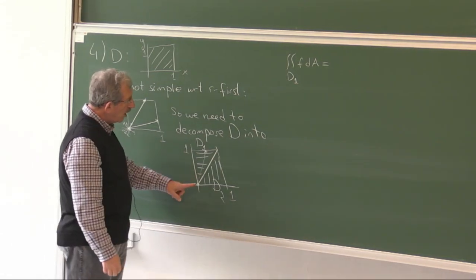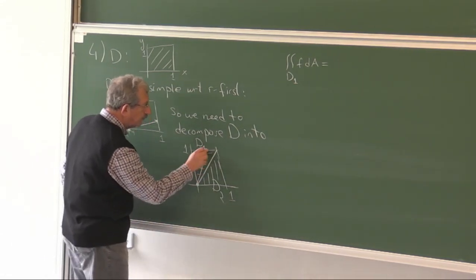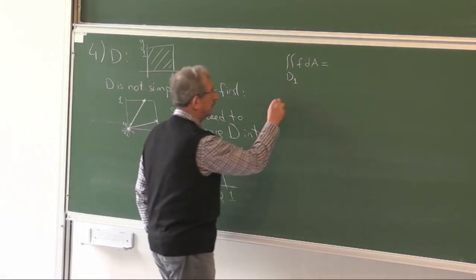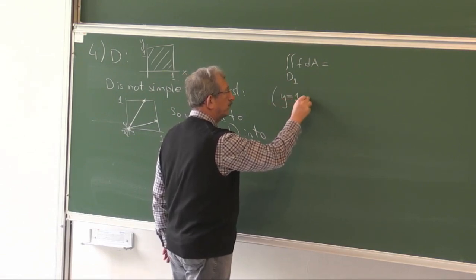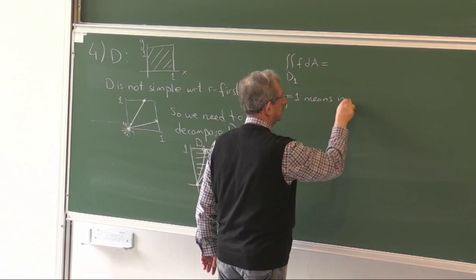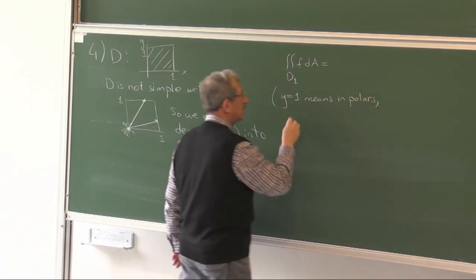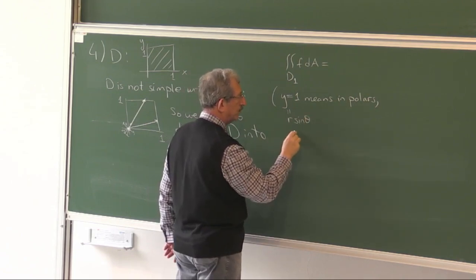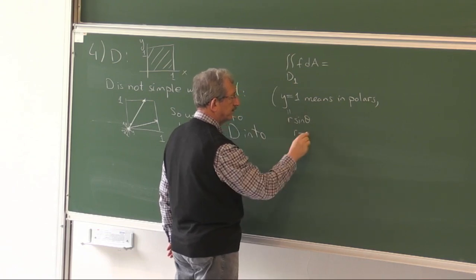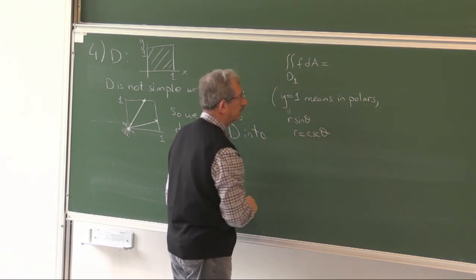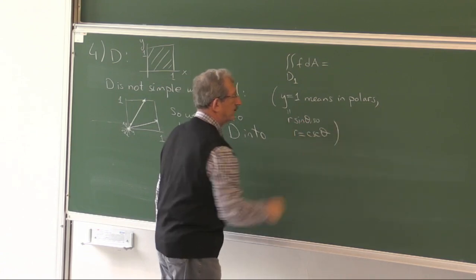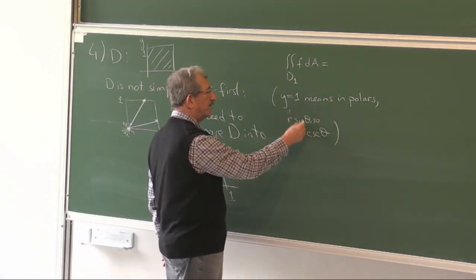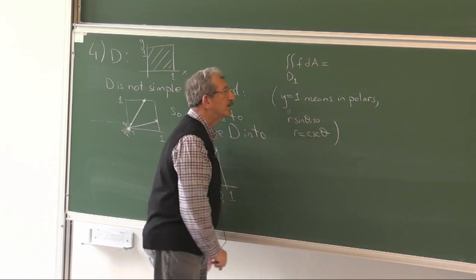Well, of course, R starts from 0 and goes up to y equal to 1 line. Well, y equal to 1 means in polars, okay, well, y was, remember, r sine theta, so r is cosecant of theta. Because y is 1, r sine theta is equal to 1, so r is cosecant of theta.